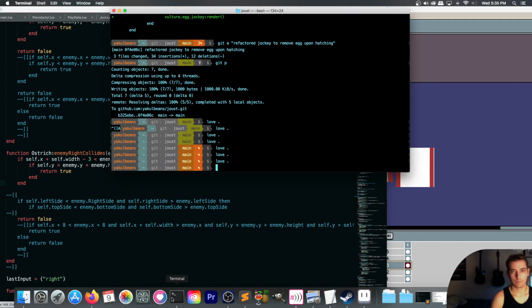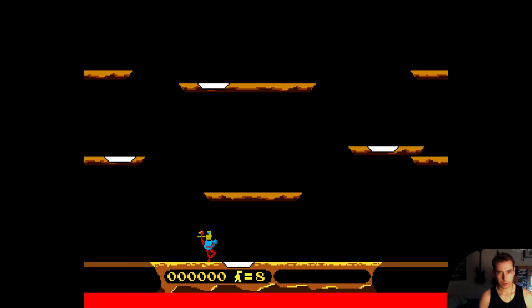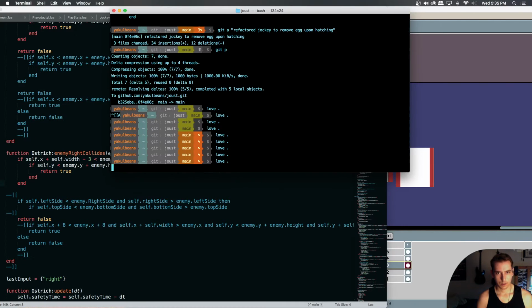Now let's check it. We're looking for that side collision right away, and hopefully that fixes our problem, where we can kill a vulture and die in the same collision. That was so messed up. Why is the top detecting first? Hold on.